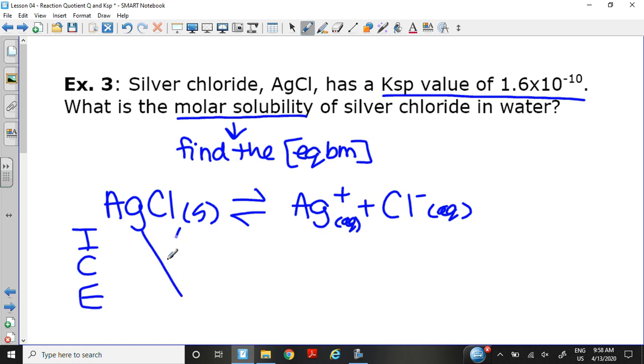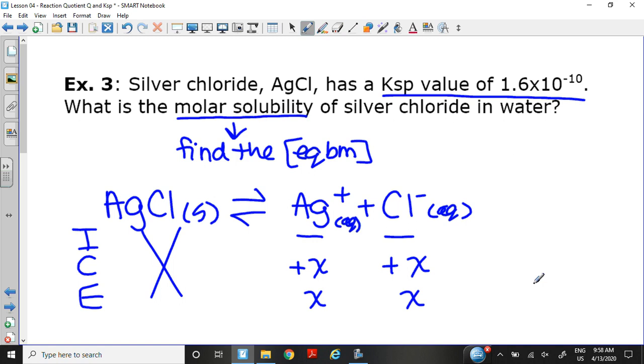Always cross out the solid, makes it a lot easier. Since it's starting off in water, we're going to assume pure water has no silver or chloride ions. And we're going to increase the concentration of both ions. Both are 1x because there's one silver and one chloride ion. So at equilibrium, we just have x and x.